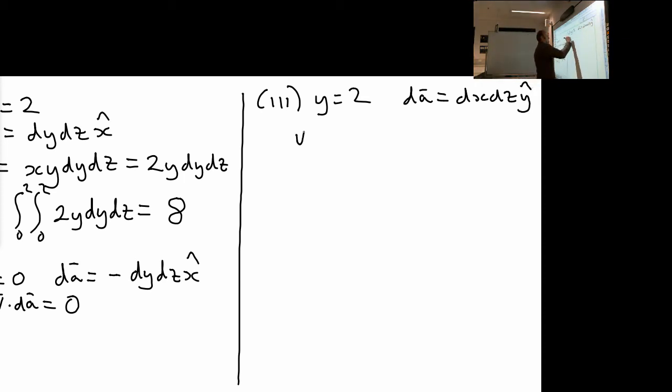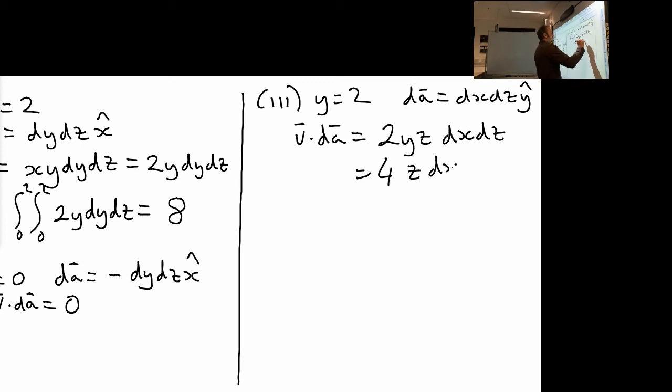You can see it's just a lot of repetition here. v dot dA now is going to be equal to 2yz dx dz, which is equal to 4z dx dz.